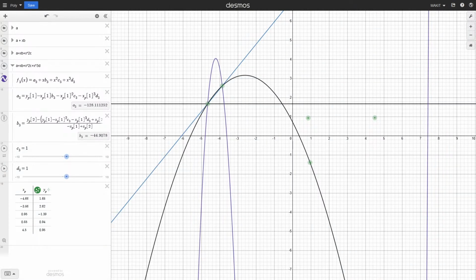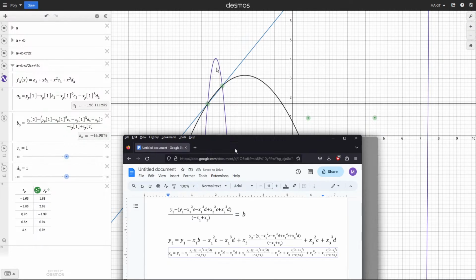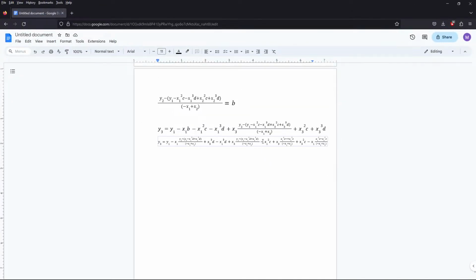Cool, let's now insert that equation. Oh wait, no, we're not done. I forgot that right now we have to take this minus brackets, insert it on the other side. Excuse me, first I would actually like to copy the equation for the future. And insert that onto the other side with minus brackets.